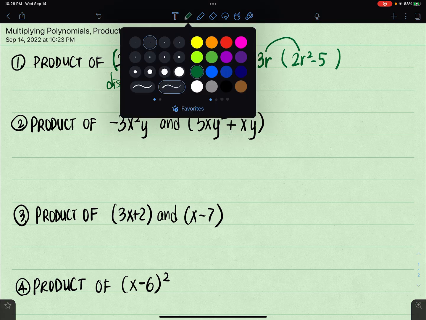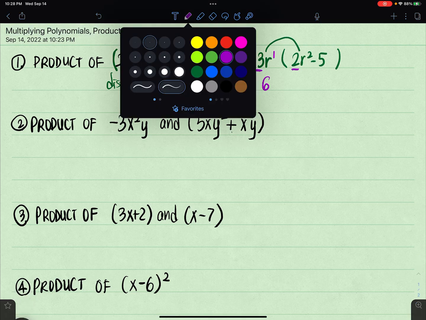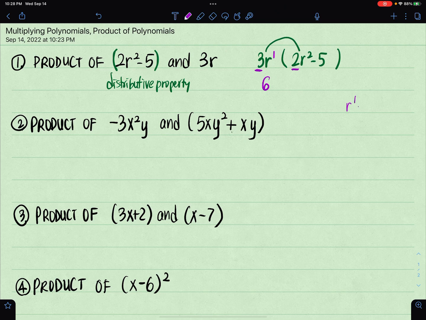Well, first of all, when you don't see a number, there's an invisible one that's hiding. Let's deal with the numbers first. So 3 times 2, that's 6. Now on the side, I'm going to show you r to the first times r to the second.